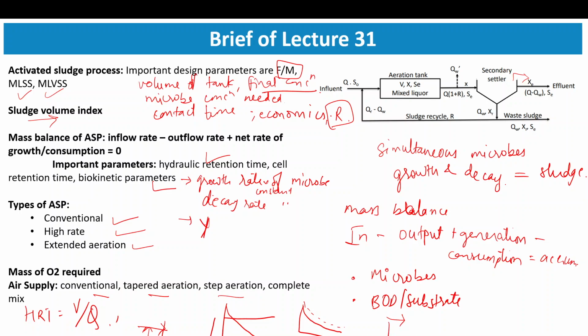Another is step aeration. So here the amount of oxygen required is less and the efficiency also reduces. Step aeration is nothing but you provide step inputs of wastewater to this aeration tank, and you provide a constant oxygen supply.